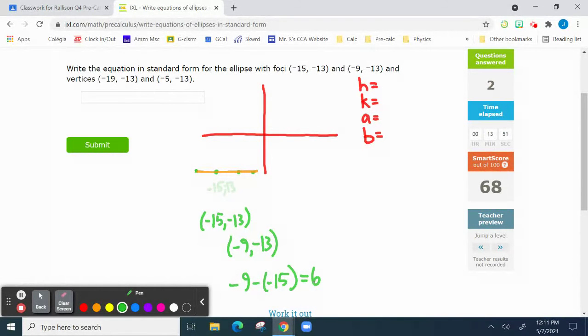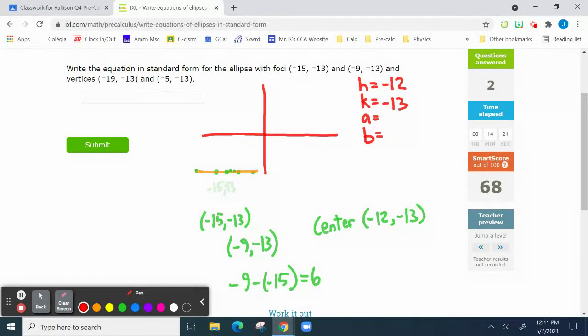So I'm just going to start at negative 9, and I'm going to go negative 10, 11, and there we go. So the center is negative 12, comma, negative 13. And now we have our h and our k, right? h is negative 12, k is negative 13.